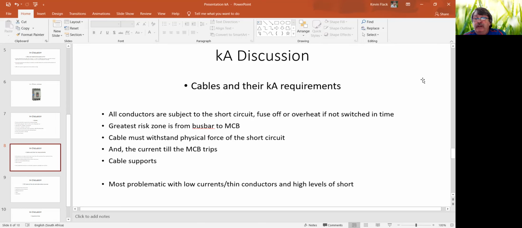So behind the circuit breaker, behind the ACB, you need to look for whether those cables are supported against the mechanical forces likely to be applied, so that they don't bend, warp, and cause secondary damage. In other words, a 1.5 mil cable might just pull itself free, flay around inside the panel, and cause an almighty short circuit, damaging the whole thing with a simple couple of hundred or a couple of thousand amp short circuits being applied to it. So it's very important to also look at it.